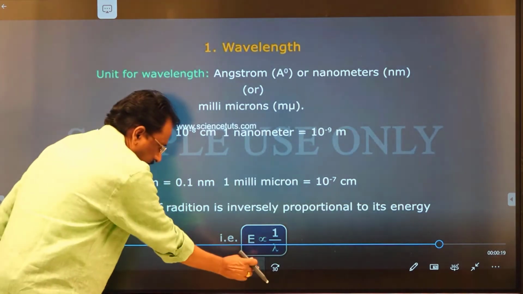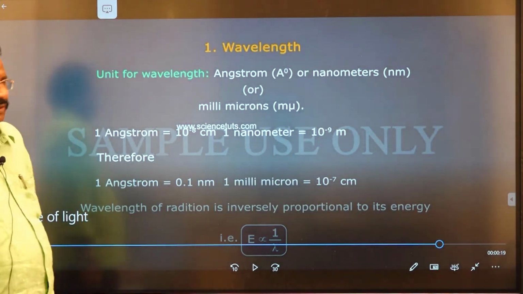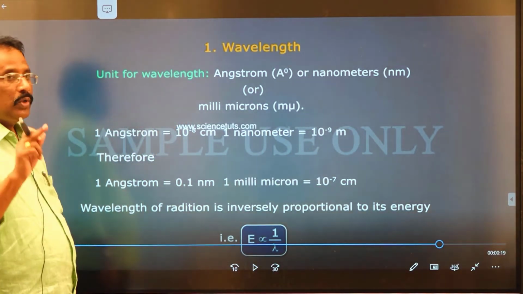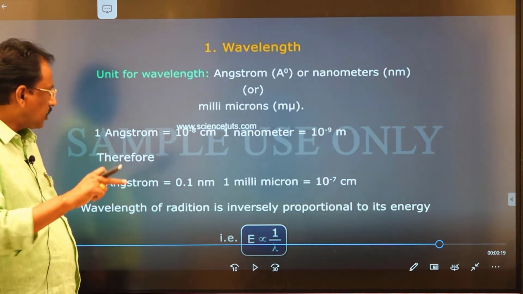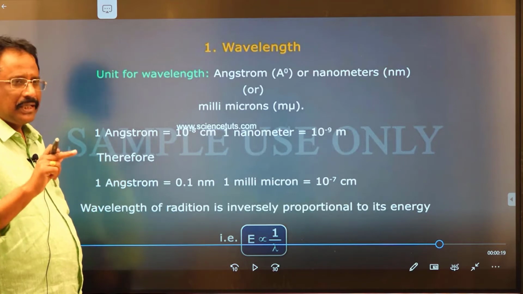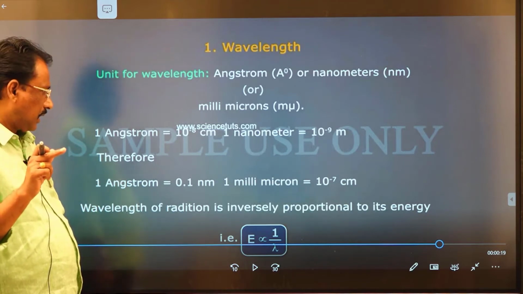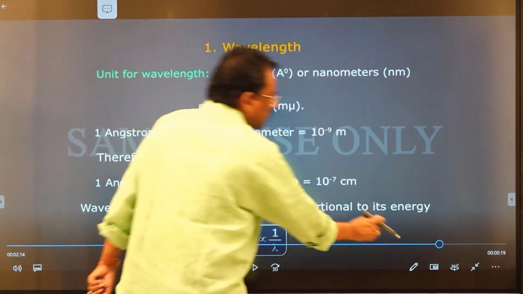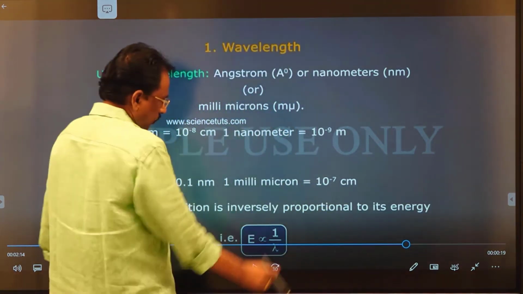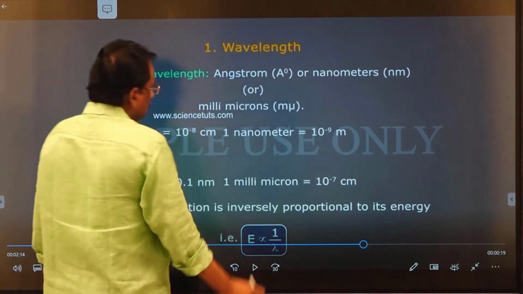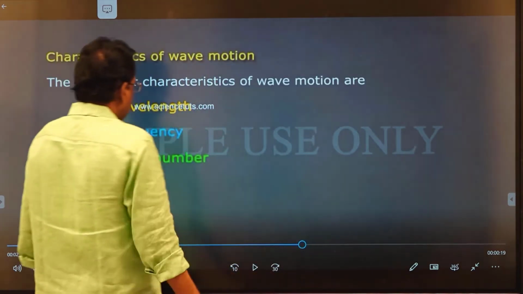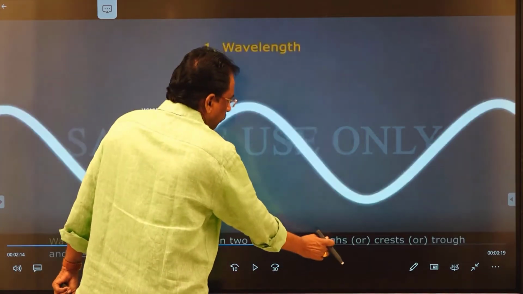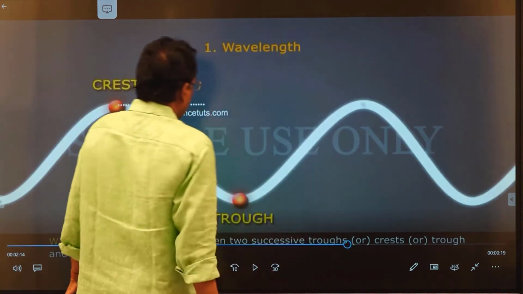One of the very important characteristic properties of light is wavelength. It is defined as the distance between two nearest crests or troughs, known as wavelength.